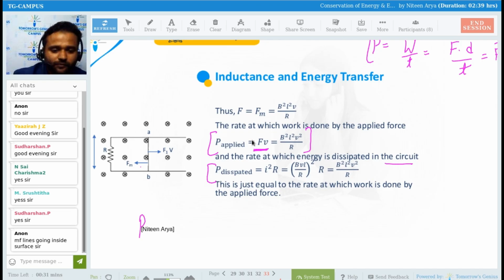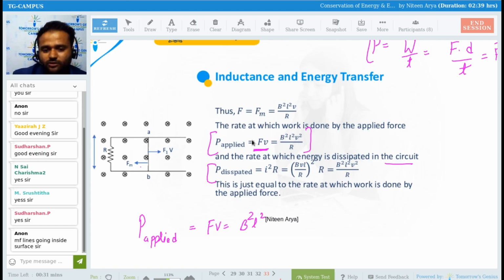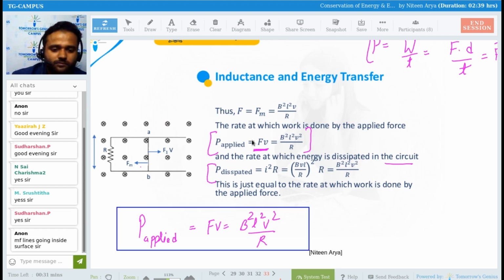Is this clear? So here we have two things, the power applied, that is Fv, which is B square L square V square by R. Very beautiful formula, and very important also.